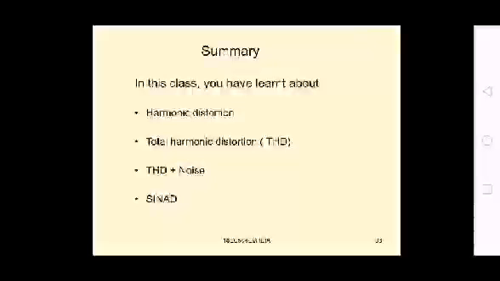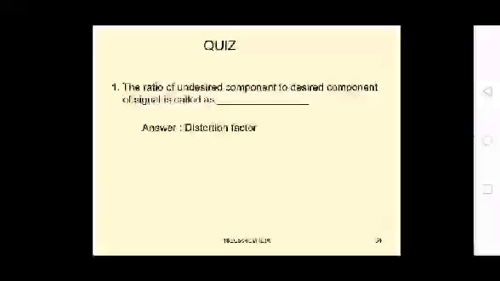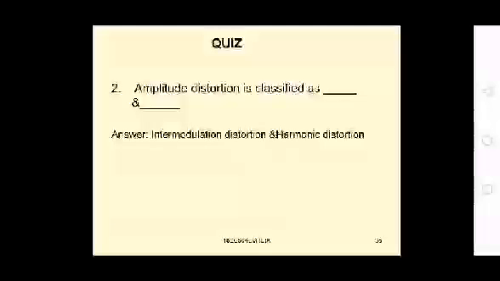The ratio of the undesired component to the desired component of a signal is called the distortion factor, or simply distortion. Amplitude distortion is classified into two types: intermodulation distortion and harmonic distortion.